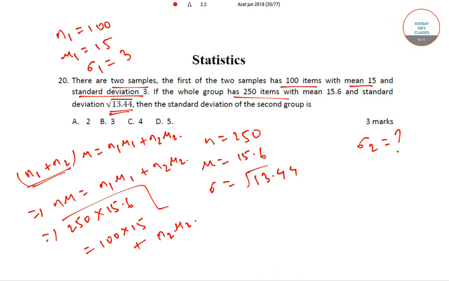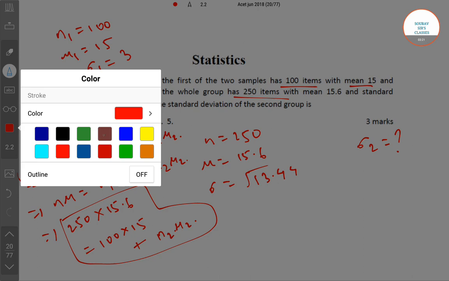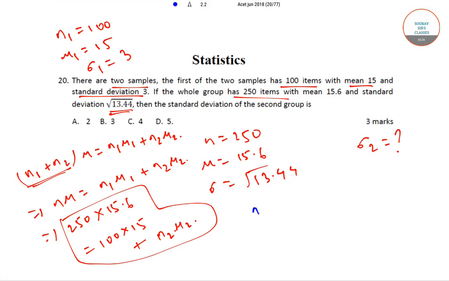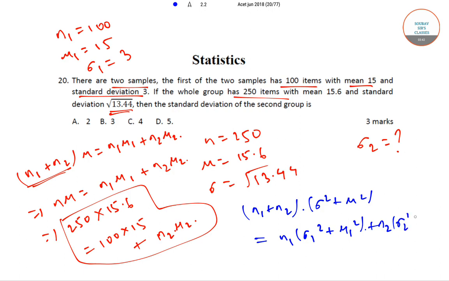From here you get this as one equation, and the second equation you can get as, I'm using a different color, (n1 + n2)(sigma² + mu²) = n1(sigma1² + mu1²) + n2(sigma2² + mu2²).